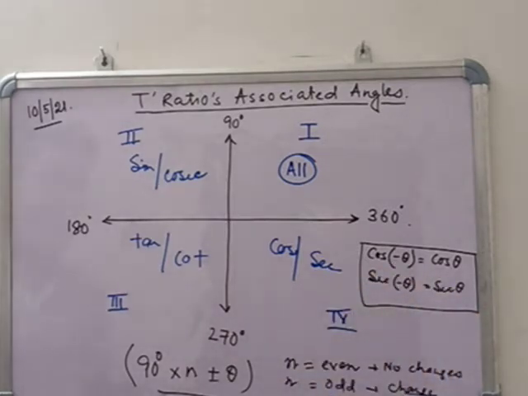Okay, so when n is even, there is no change. We always try to convert the 90 degrees into an even multiple, putting n as an even number.